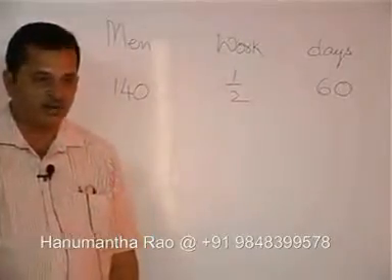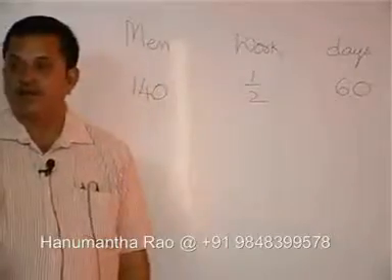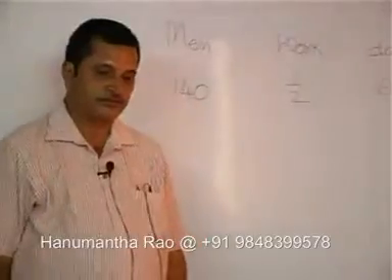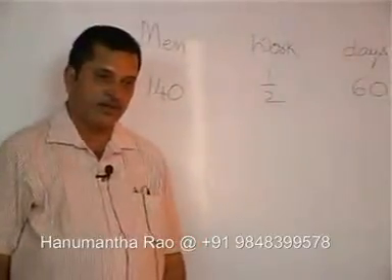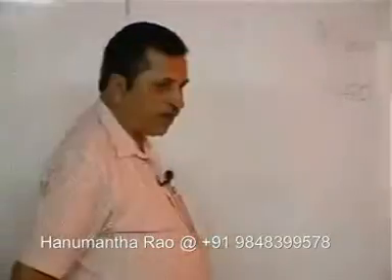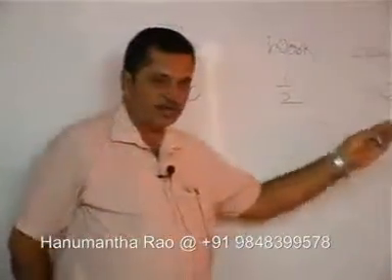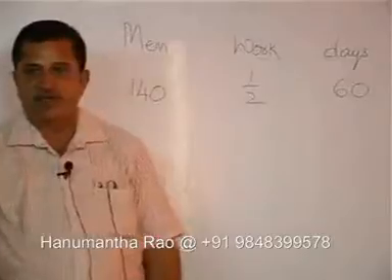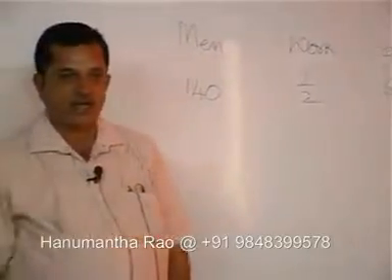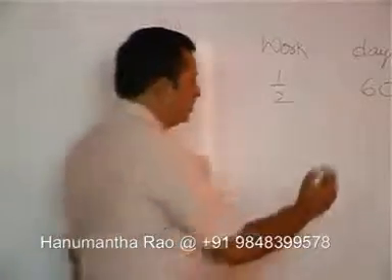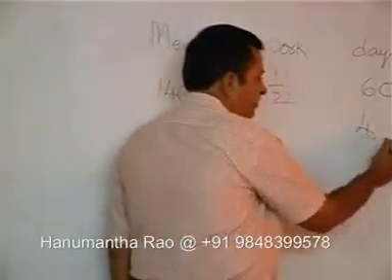A contractor agreed to complete a road in 100 days. He engaged 140 men. Half of the work is completed in 40 days. As per the contract, how many more days are left? 40. How much work is left?